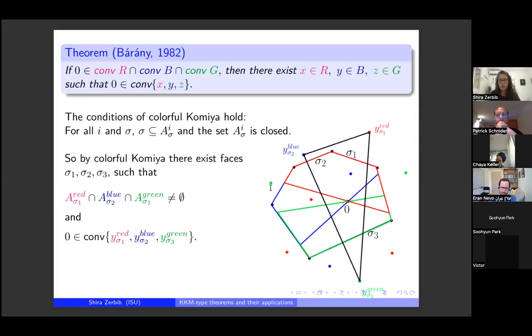It's a very small argument because we took sigma small enough. So this intersection must contain 0, and the second line here is exactly the colorful selection of points that we need for the colorful Carathéodory theorem.